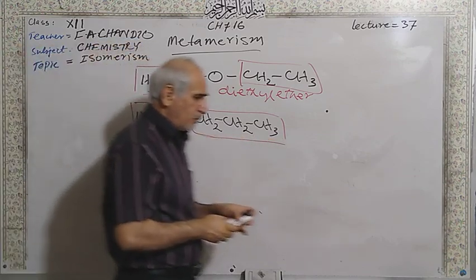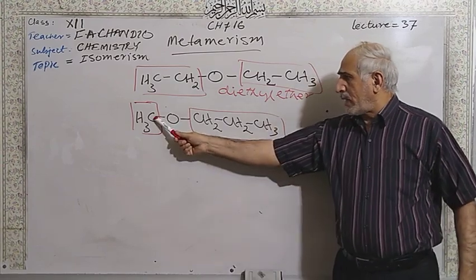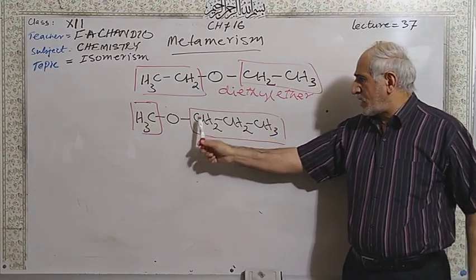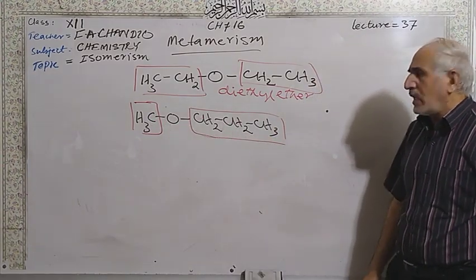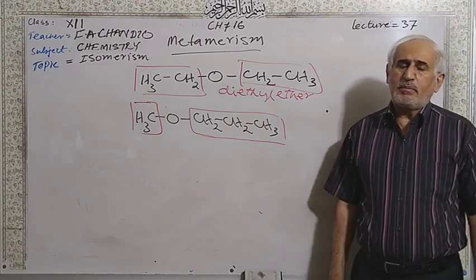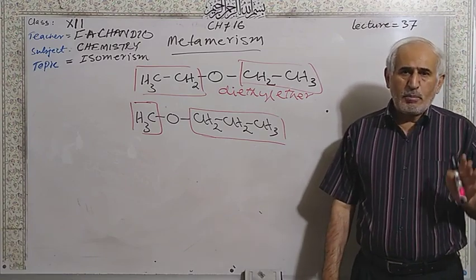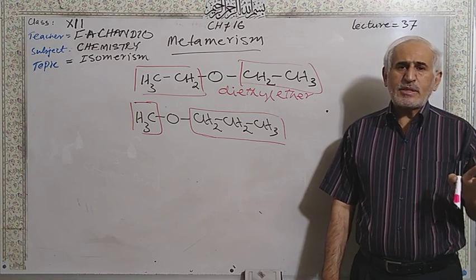But in this case, you are finding one carbon on the left side and three carbon atoms on the right side, but the number of carbon atoms is the same.